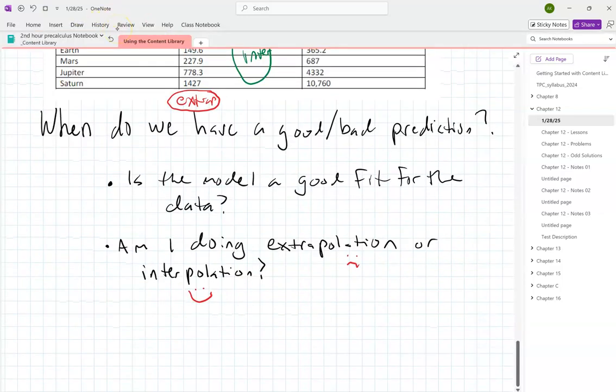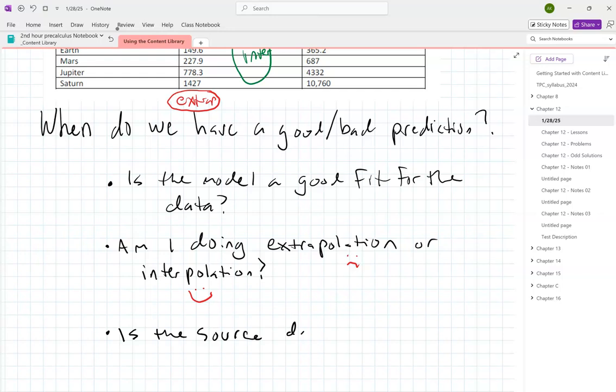And the last thing you'd want to consider is whether the source data is biased in some way. So here's an example. Let's say I went to like 5 local high schools, and I recorded the heights for the boys basketball team.